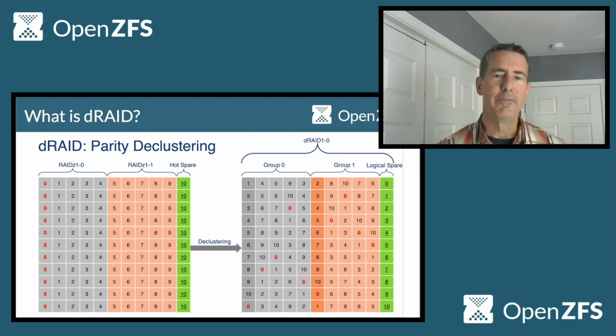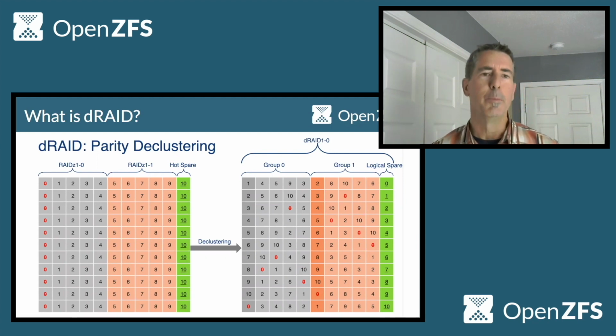In both tables, you see that I've divided them into rows, and these rows represent a group, a permutation slice, and a dRAID row.